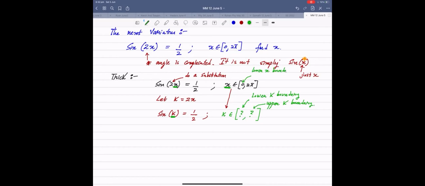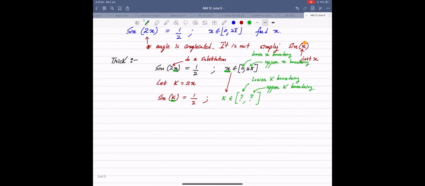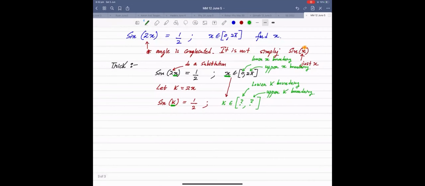That's the meaning. 2 pi is called the upper x boundary. So now how to find the domain?